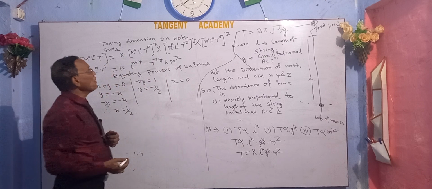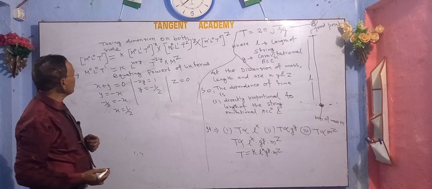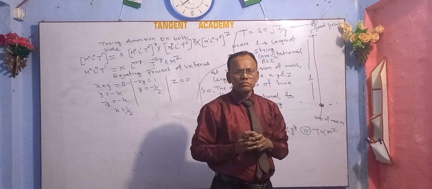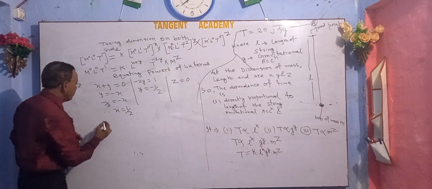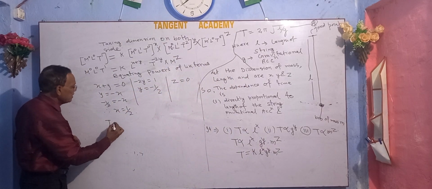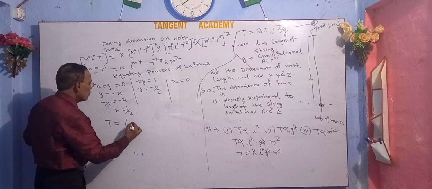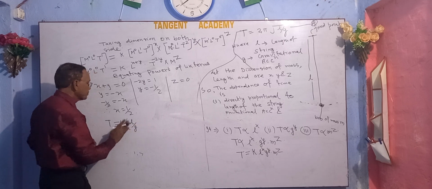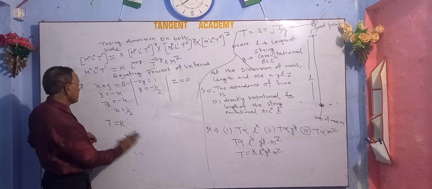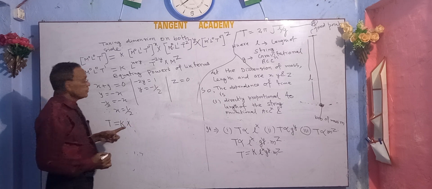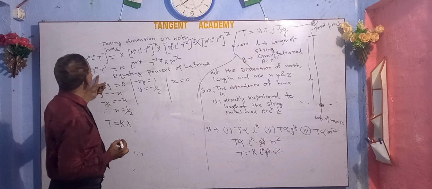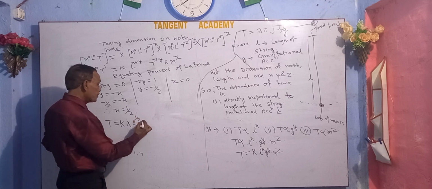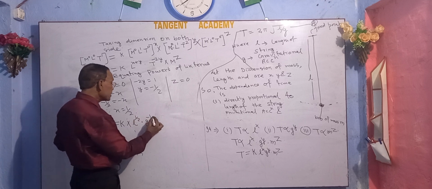Now we will put these powers in. Our concluded result will be time period is equal to k times L to the power half into g to the power minus half.